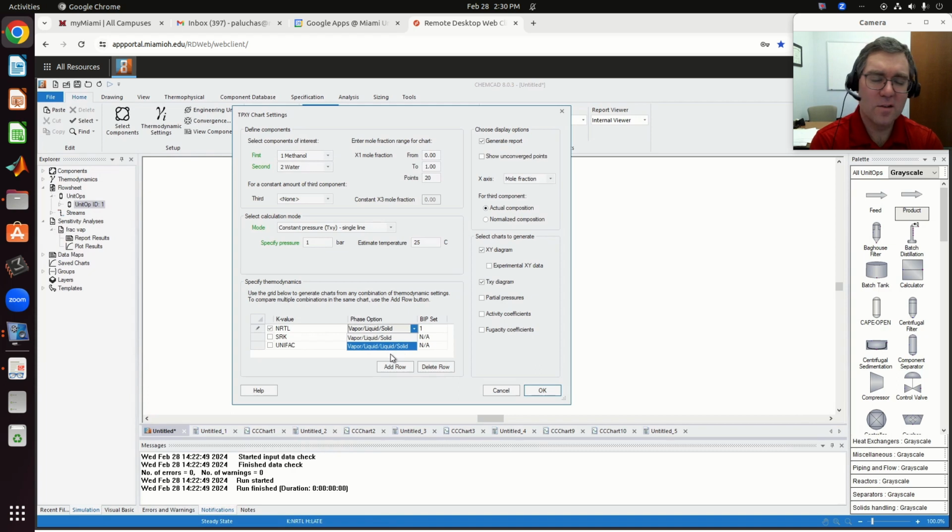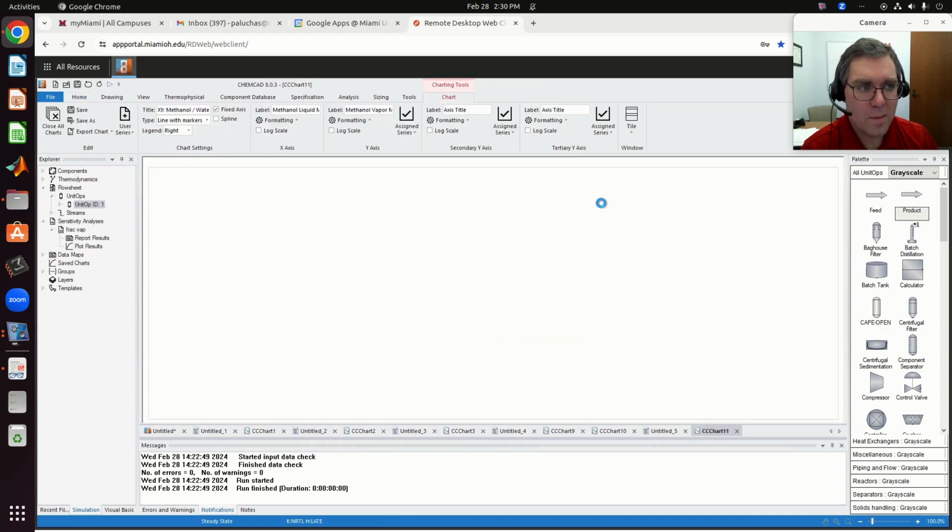So this would be for systems that could form a minimum boiling heterogeneous azeotrope. If I have two components that are partially miscible, then I need this option to make sure I'm properly modeling the phase equilibria for those cases. Why isn't it checked by default? Well, it becomes a much harder calculation because then I'm going to assume that I have a vapor and two liquid phases that could be in equilibrium beyond just a single vapor and liquid phase.